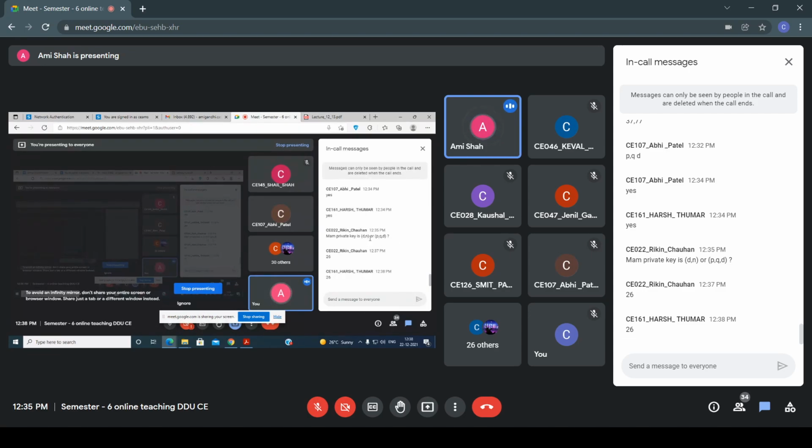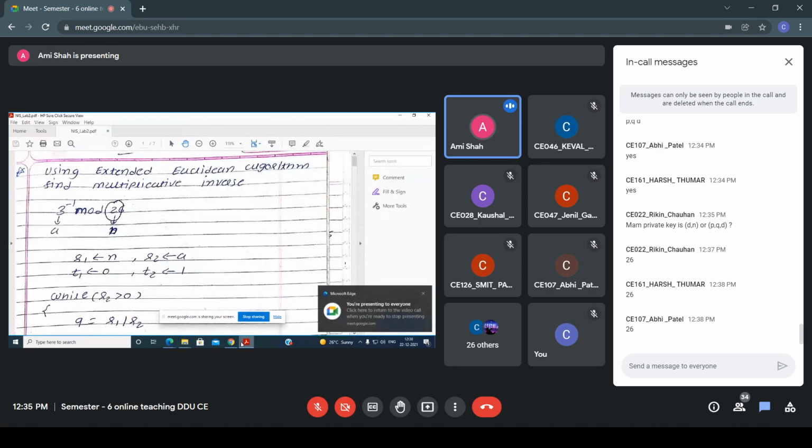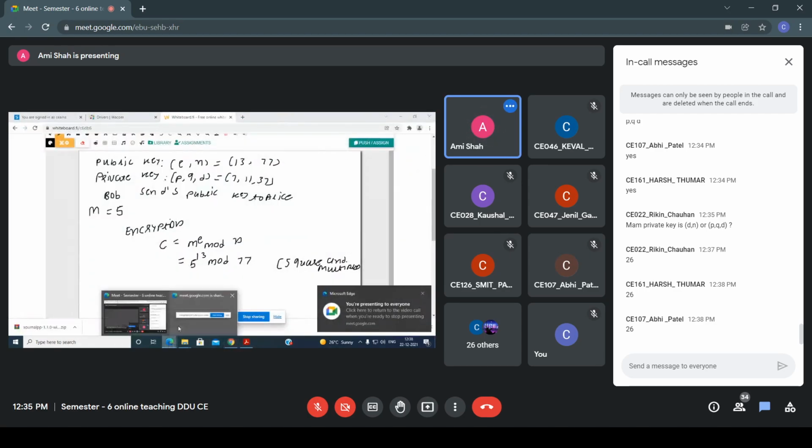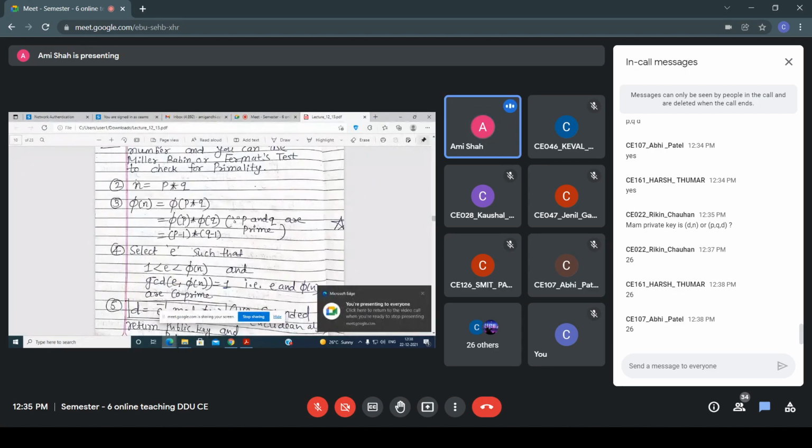But n is public, and p and q are private. If an attacker knows the value of p and q, then it is very easy to crack this RSA algorithm, because with p and q known, they can easily calculate phi(n), e, and the d value, and you can easily encrypt or decrypt and get the plain text message.